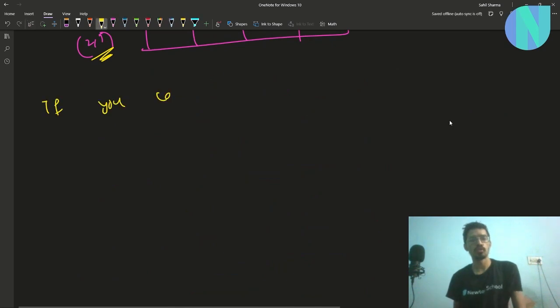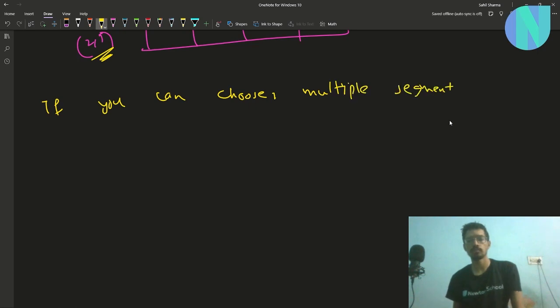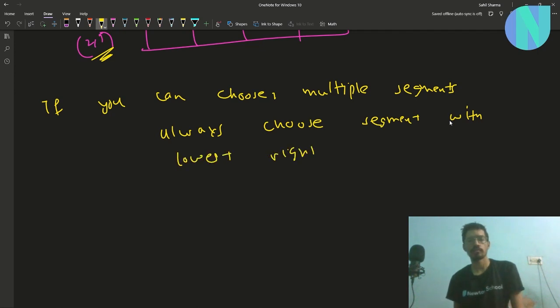So if you can choose multiple segments, always choose the segment with the lowest right endpoint. Why so?